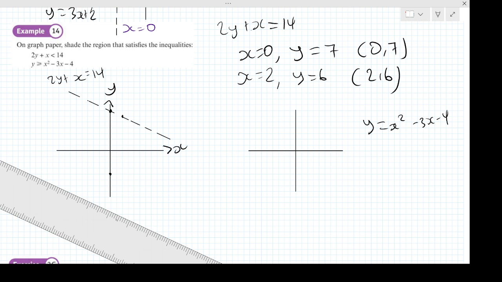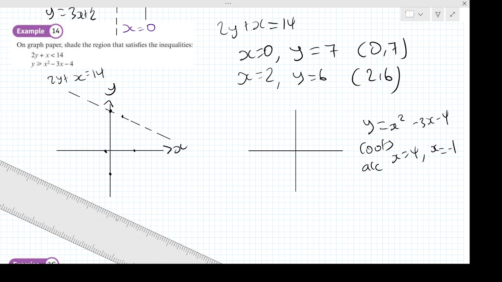Actually the roots are x equals 4 or minus 1. So we can also plot that on our graph. x equals 4 is going to be here and x equals -1 there. So those are the roots of the quadratic.